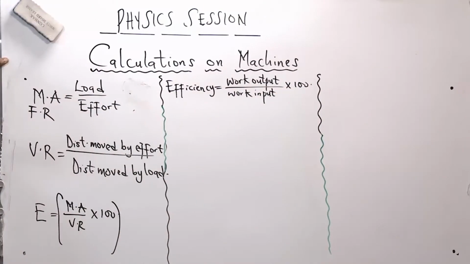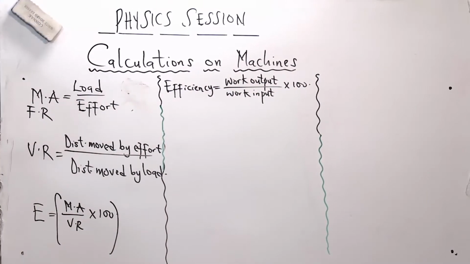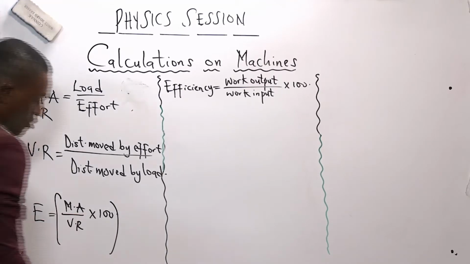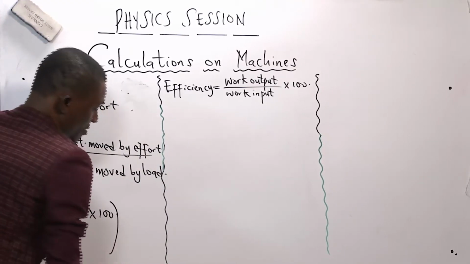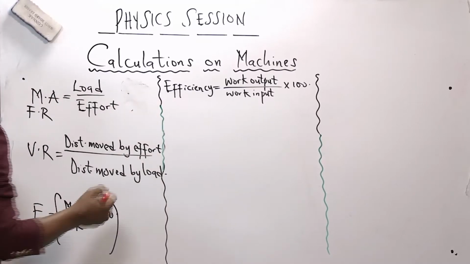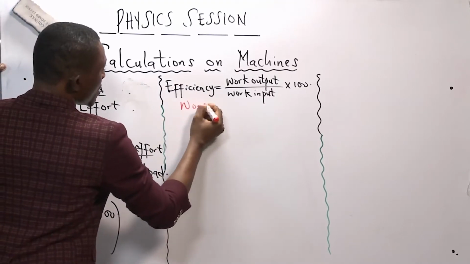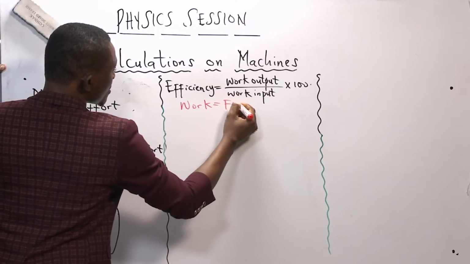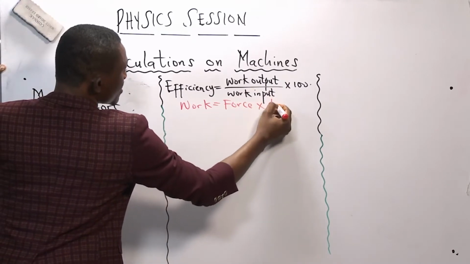So efficiency is equal to work output over work input times 100. Then we know that work is equal to force times distance.